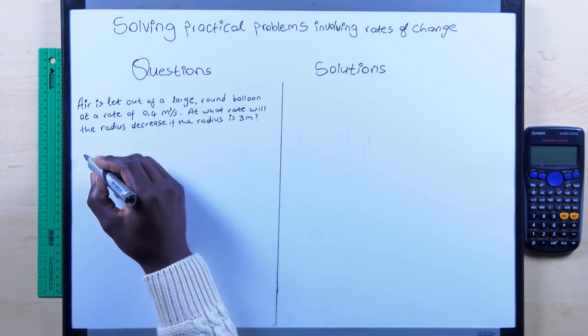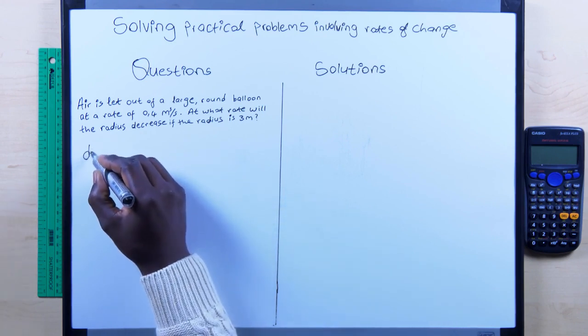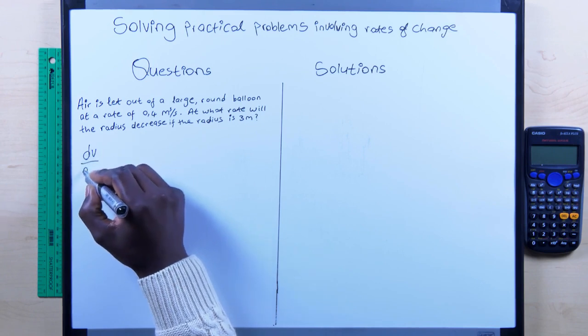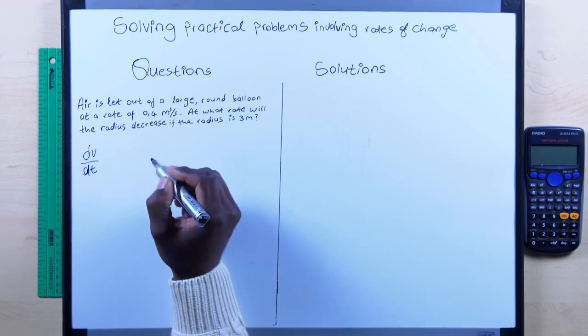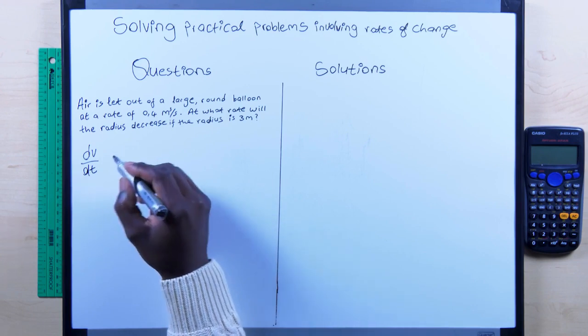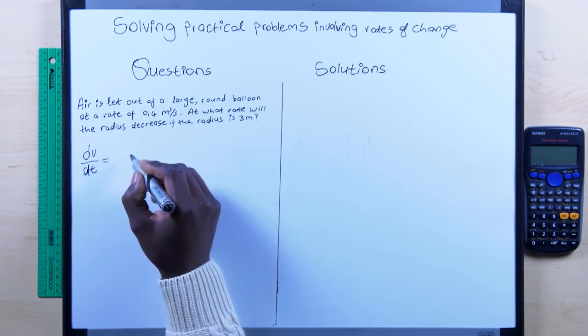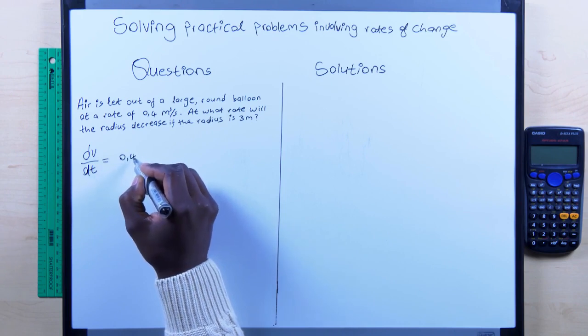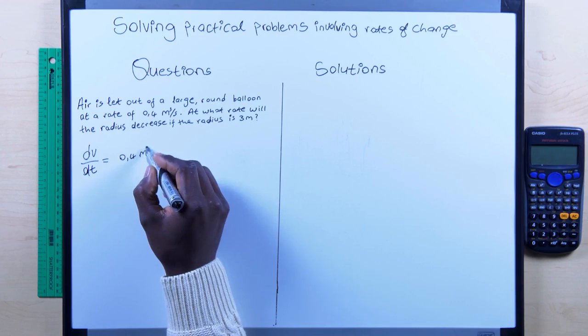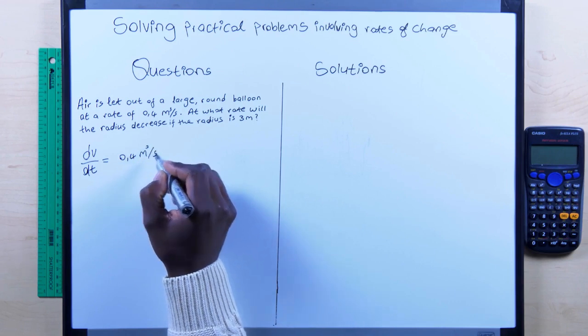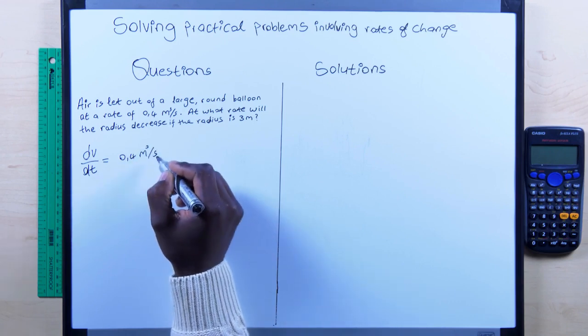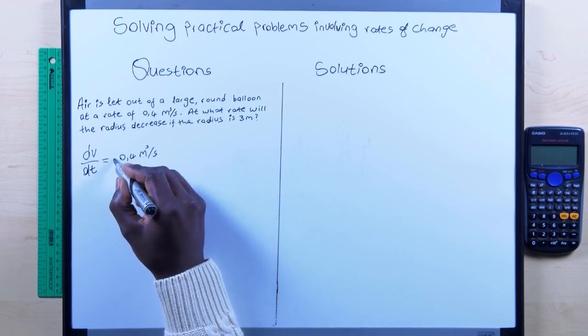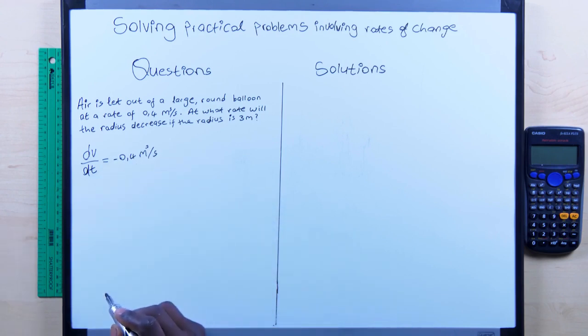First of all, what we know is that the volume changes with time. So we have dV/dt. The derivative of the volume with respect to time will then be equal to 0.4 cubic meters per second. This volume is decreasing, which means that there must be a minus here.